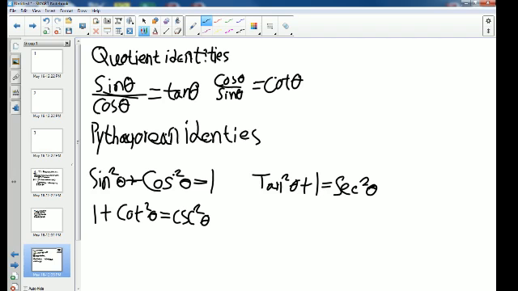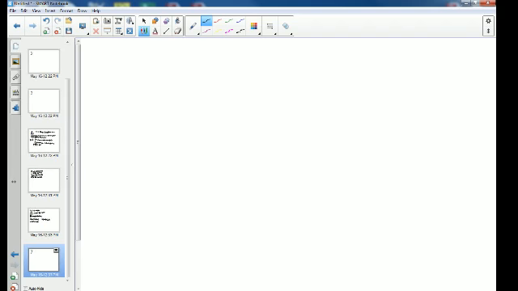We're going to do an example of this. We're going to start with a reciprocal identity. So we're going to get a new page, and we're going to go as follows.